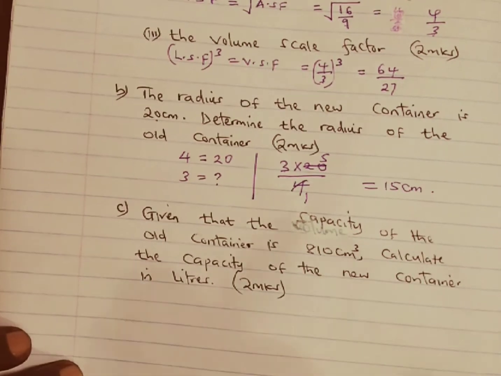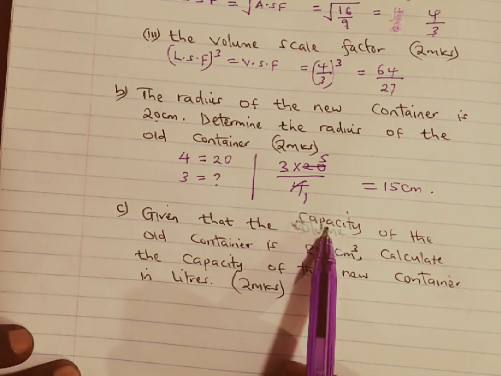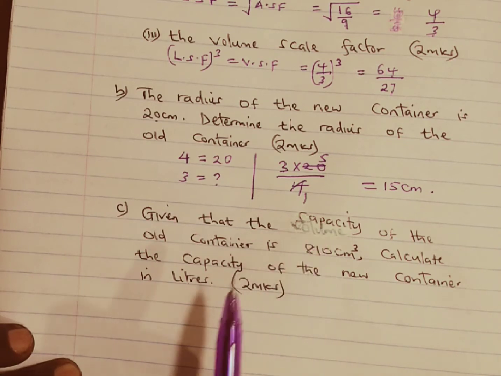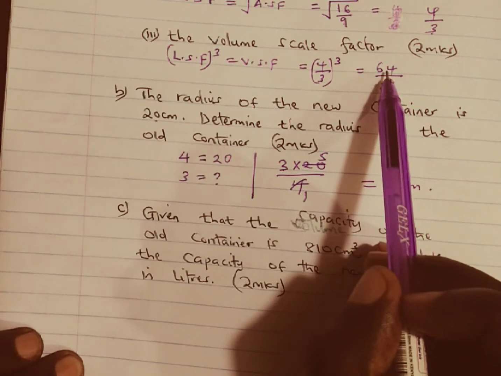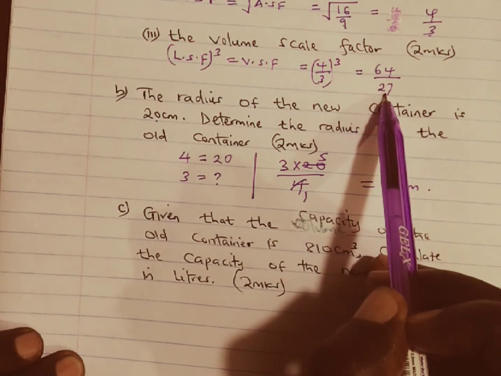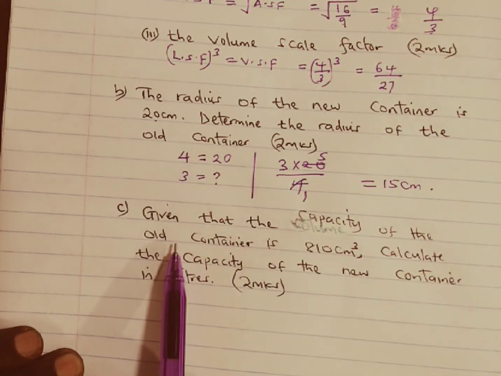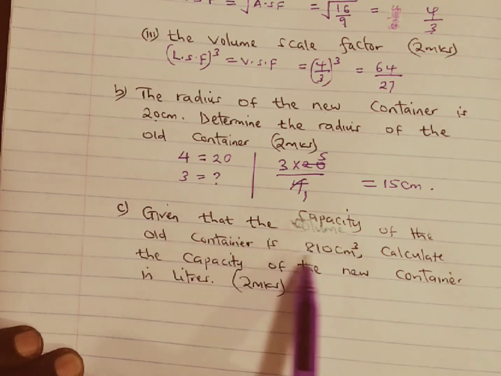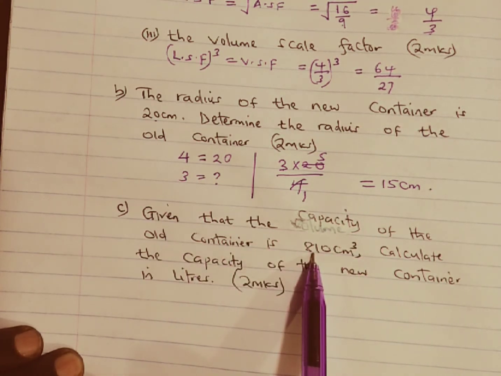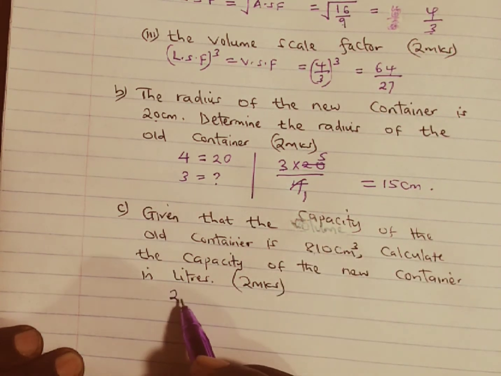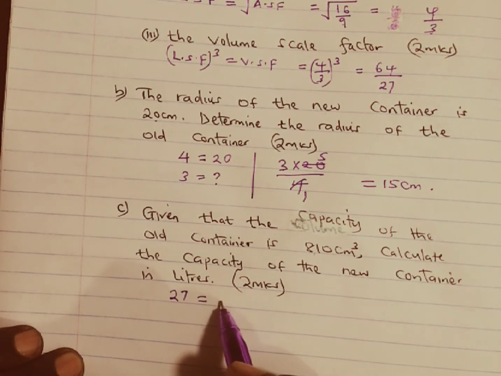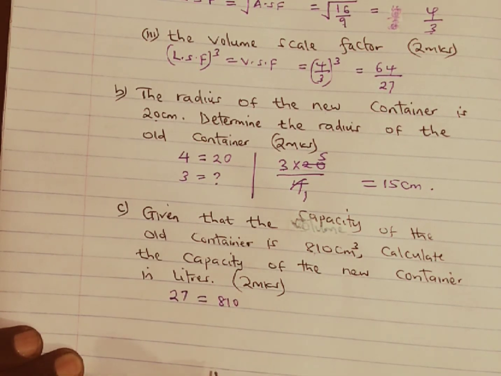When we talk about capacity, we are referring to volume, and in this case we are going to use the volume scale factor, and we know our volume scale factor is equal to 64 out of 27, and we know the capacity of the old container is 810, and the old container is represented by 27, so we can say 27 is equal to 810 centimeters cubic.